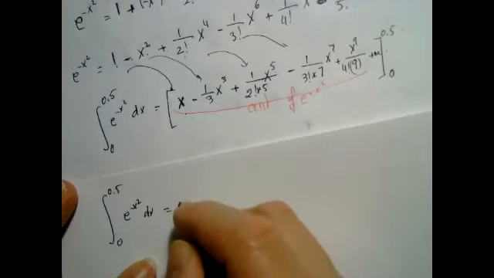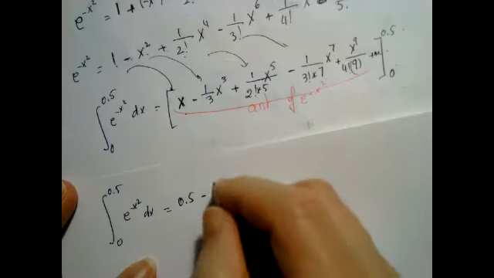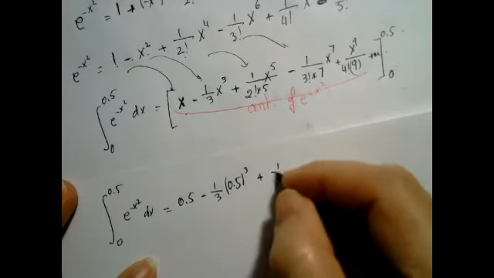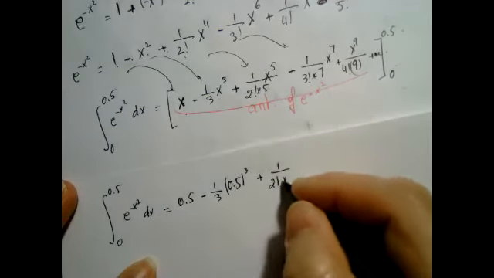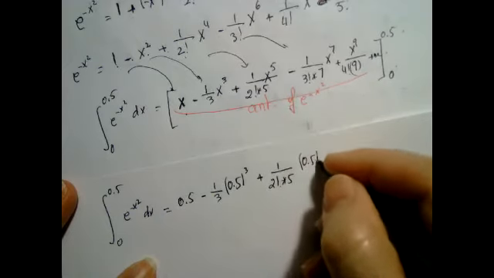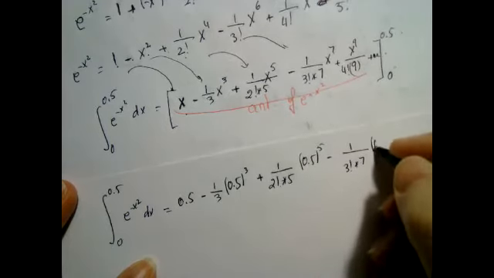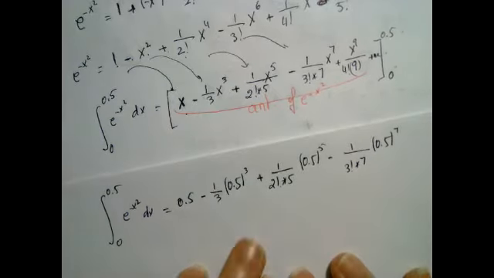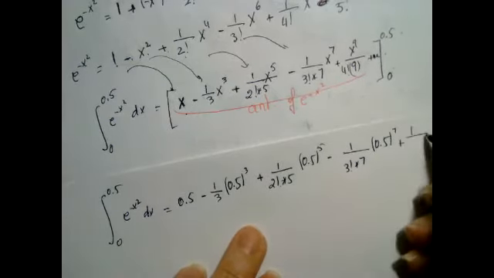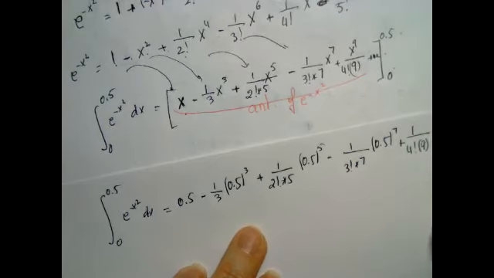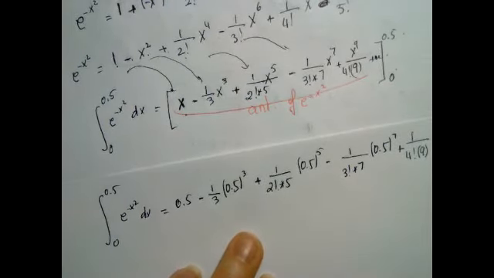So the value at the upper is 0.5, or a half if you want, minus a third, plus 1 over 2 factorial times 5, 0.5 to the power 5, minus 1 over 3 factorial times 7, 0.5 to the power 7, and I will write one more term, 0.5 to the power 9 over 9.